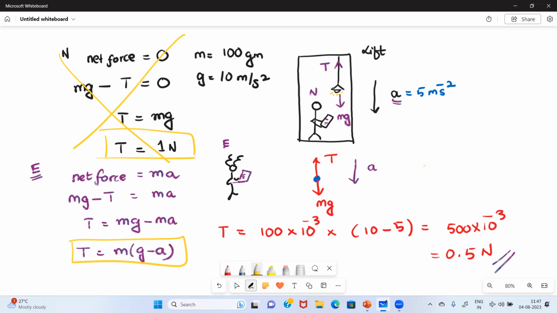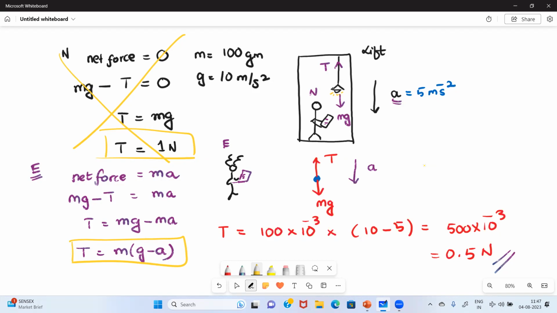If I'm sitting inside this frame of reference, which is accelerating, I cannot apply Newton's laws. If I still want to apply Newton's laws inside an accelerating frame of reference, then I have to assume a pseudo force acting on that object in a direction opposite to the direction in which my frame is accelerating.